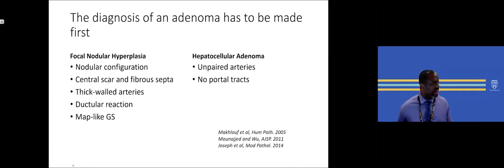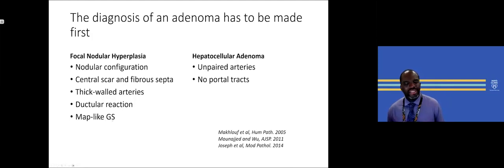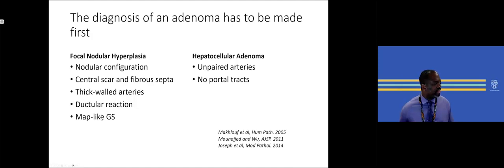The central scar comes next with the fibrous septa, and then you'll have these thick-walled or funny-looking arteries, and then thereafter the ductal reaction, followed by a map-like expression of glutamine synthetase. I think that captures the diagnosis. I would say these features, the map-like expression of GS, these funny-looking arteries, are features that you don't see in hepatocellular adenoma. And again, that nodular configuration microscopically is quite distinctive.